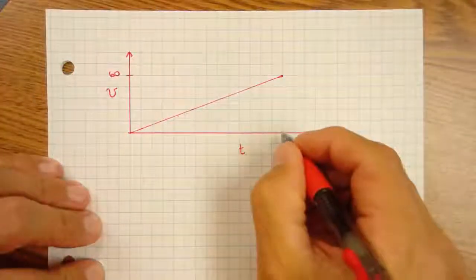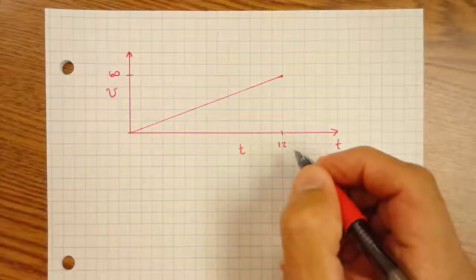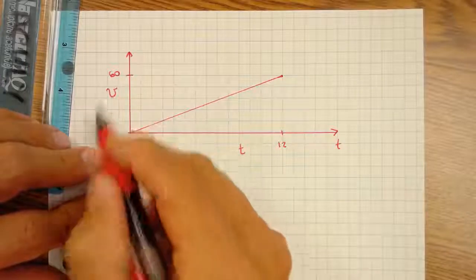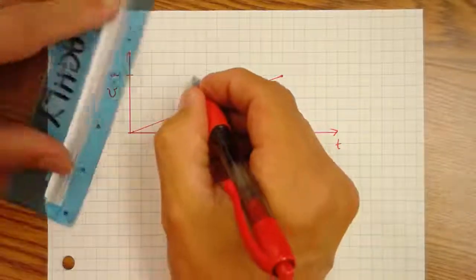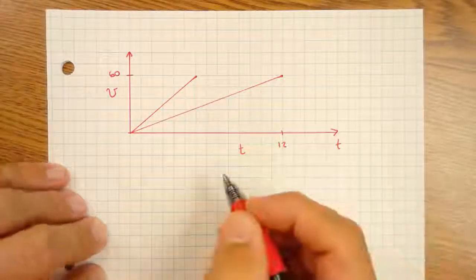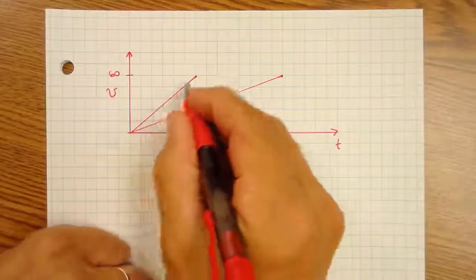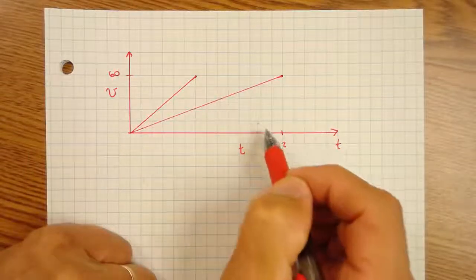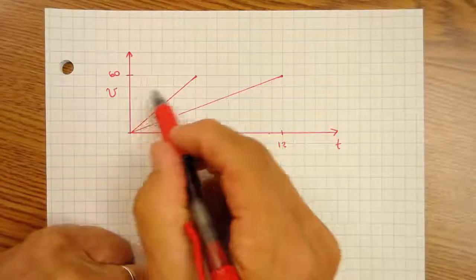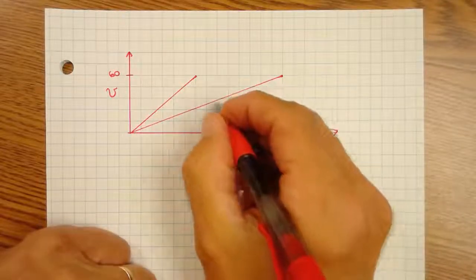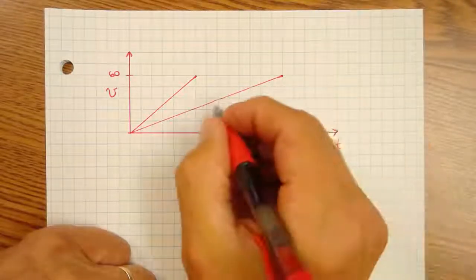Let's say it takes 12 seconds. You might have a really fancy car with a big engine, and you can also go from 0 to 60 miles an hour, but the difference is you can do it in much less time. So in this case, you would say your car has a greater acceleration. Both cars go from 0 to 60, but the one that does it in the smallest amount of time has the greatest slope. And so again, the slope is the acceleration.